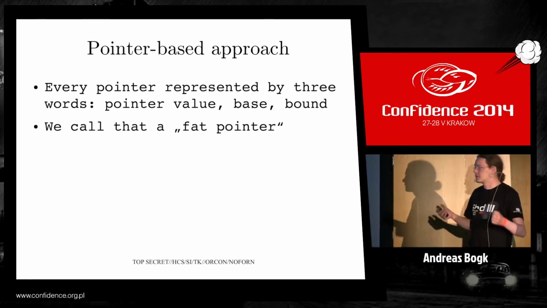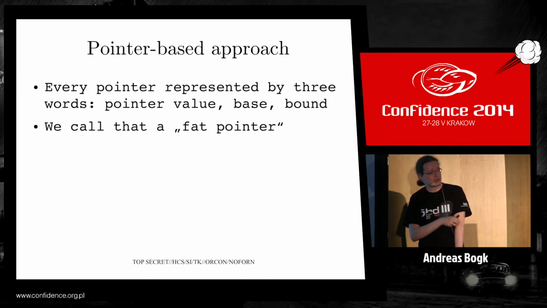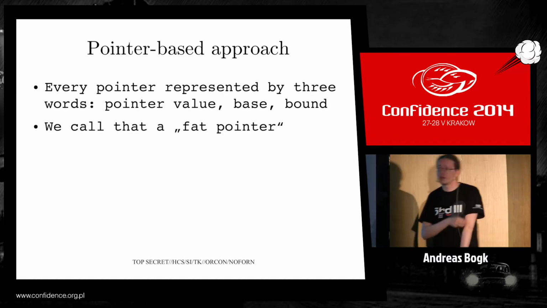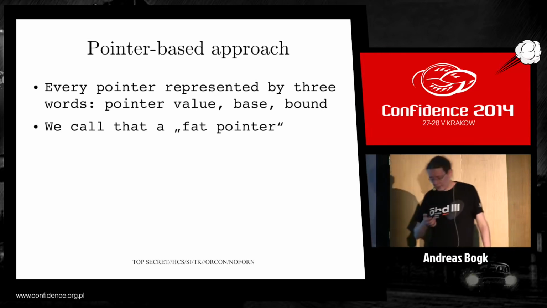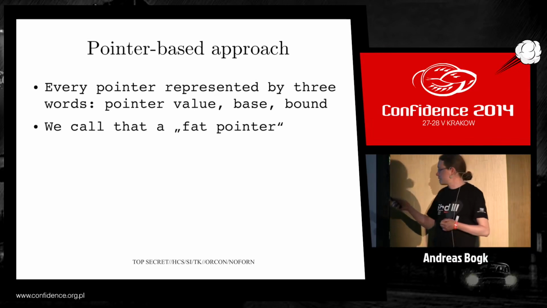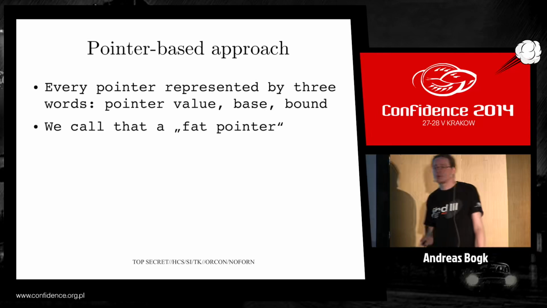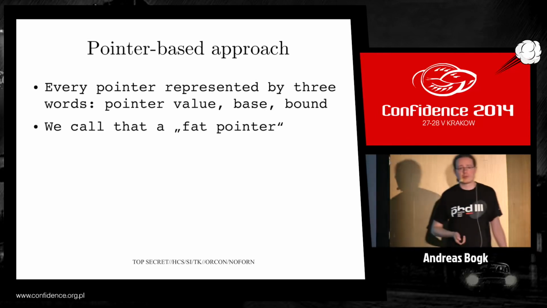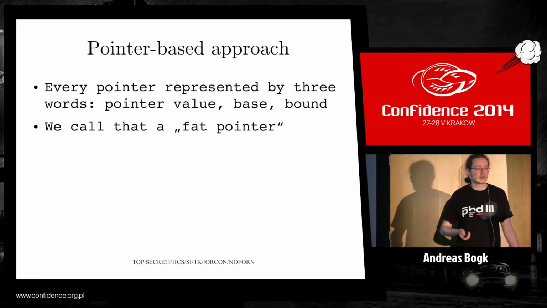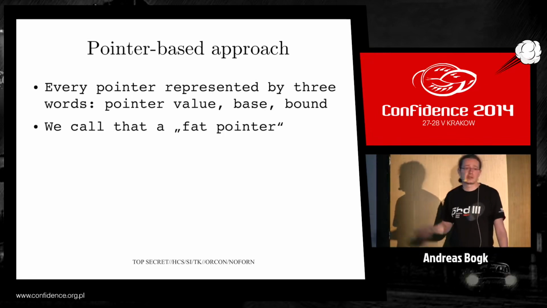So the other approach that a lot of the academic tools are using is a so-called pointer-based approach, where for every pointer that you have in a system, you remember extra information. You remember a so-called base value. This is the original base address of the object that was pointed to, and a bound, which is the other end of the buffer.